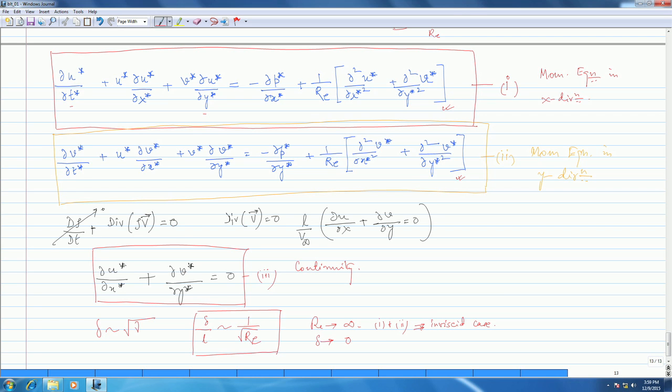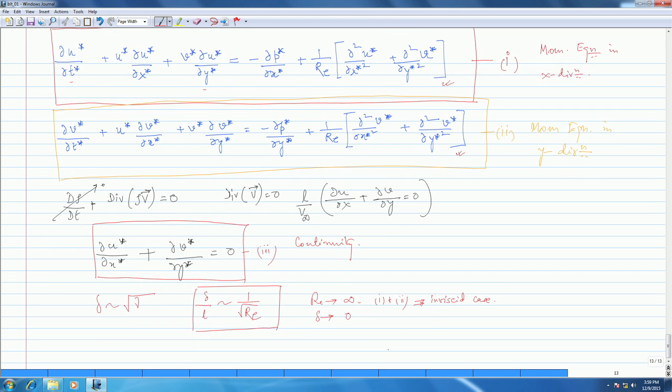Now, if you see here, x star, what is x star? I can use this space actually. Now x star is essentially x by L, right?